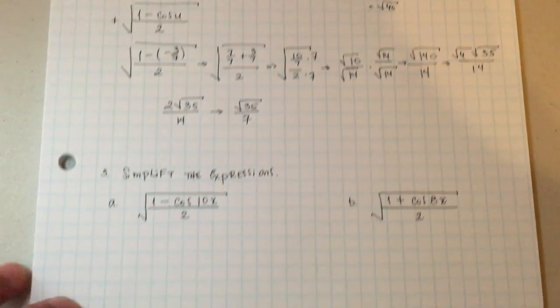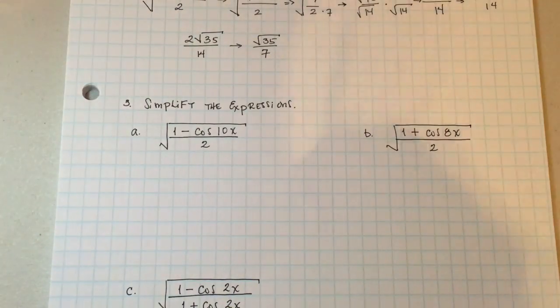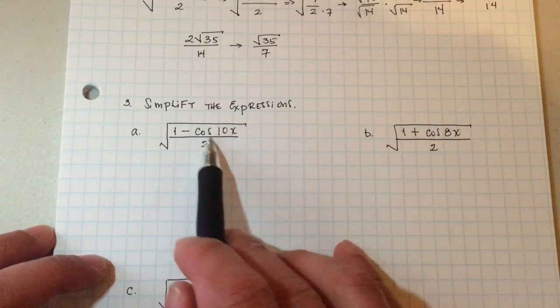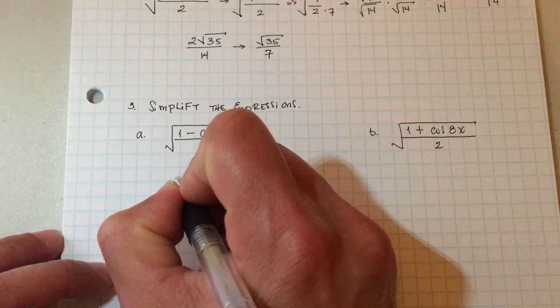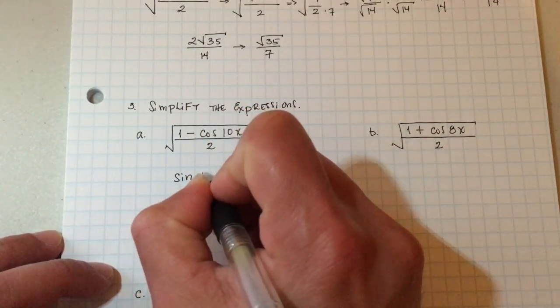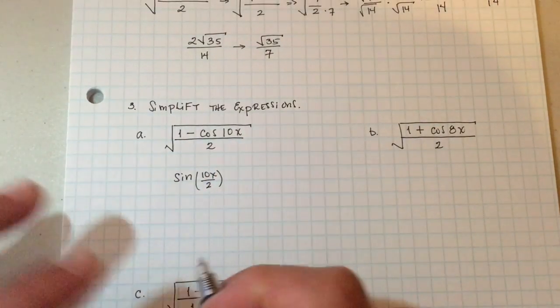For these next ones, they ask us to go ahead and simplify the expression using the half angles and just kind of memorizing it. Remember, all you got to do is look at this guy here. Just take half of this guy. So the answer is actually going to be sine of whatever this guy is, divided by 2. And you can simplify that.